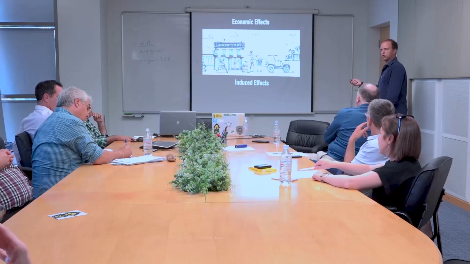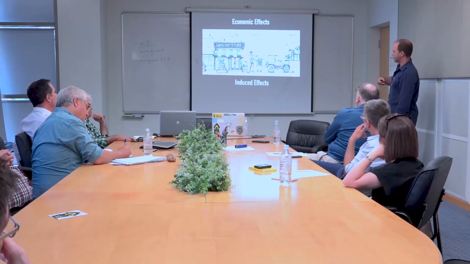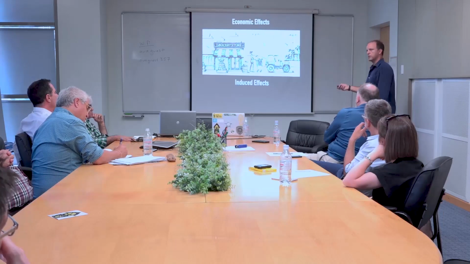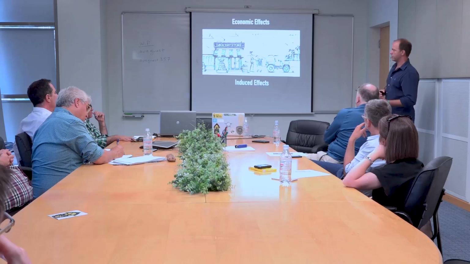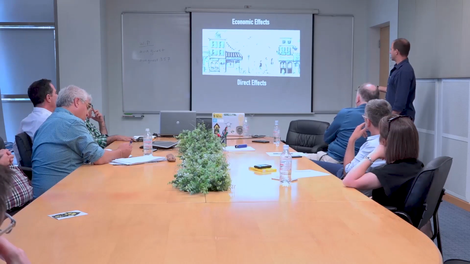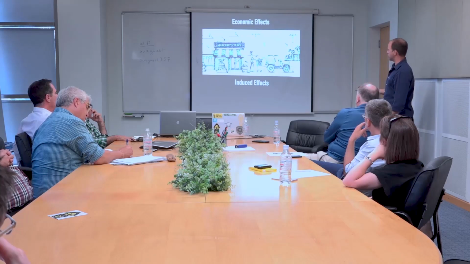She goes to the grocery store and puts food in the car. So the money that comes from her for her own needs is the induced effect. And we talk about direct effects and total effects, which include induced and indirect effects.